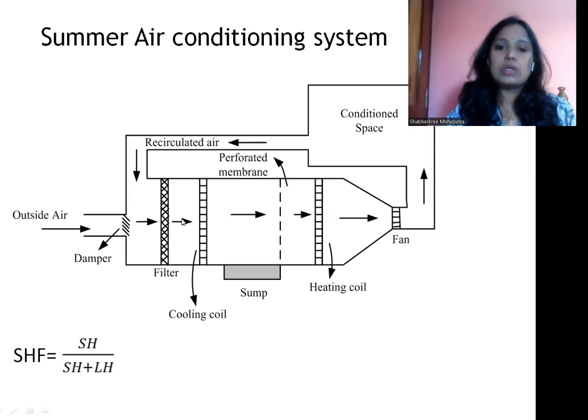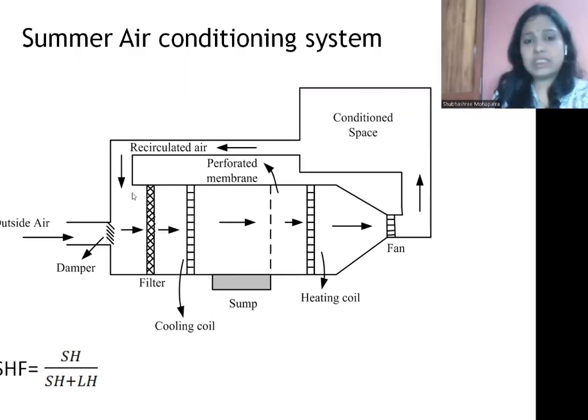Then another question is why we are using recirculated air. The recirculated air is used to reduce the energy consumption at the cooling coil. Then the question will be why outside air. Outside air is used because the oxygen amount in recirculated air will be low, as it has already been used by the occupants present in the conditioned space.